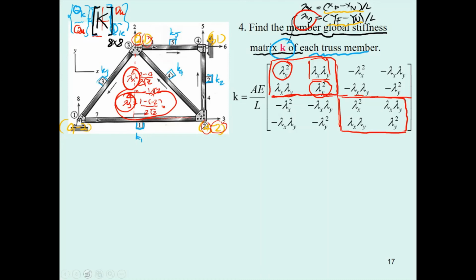Also, you may notice this block is the negative of the first one, and this block is the negative of the first one. So the small k is very easy to determine after you can determine the correct coordinate direction angle. And then it's going to be multiplied by the member stiffness.